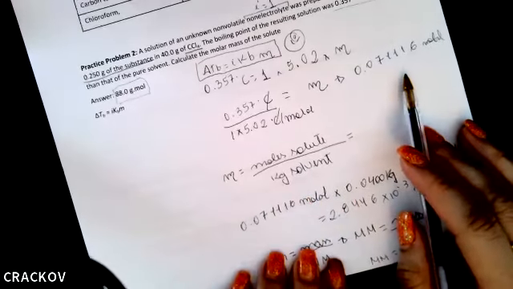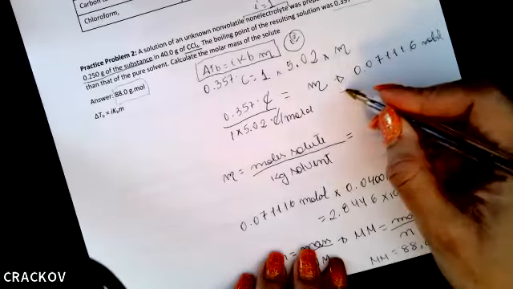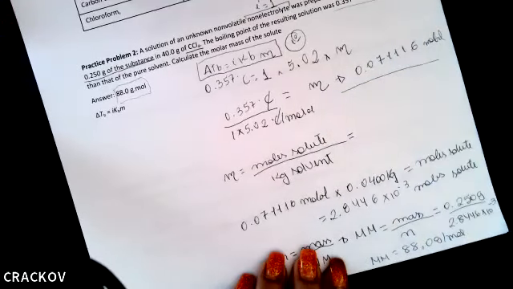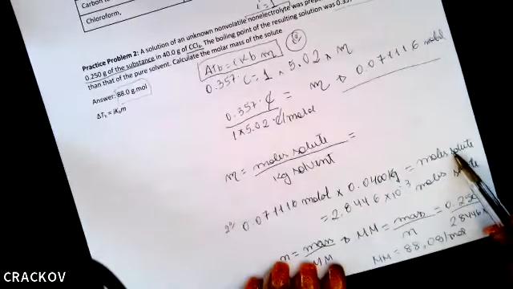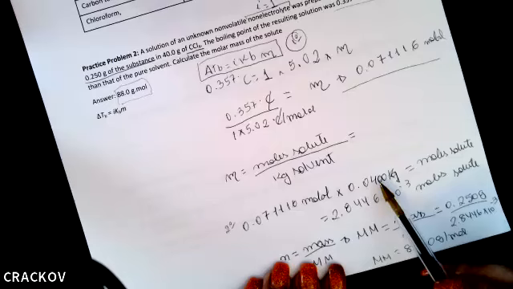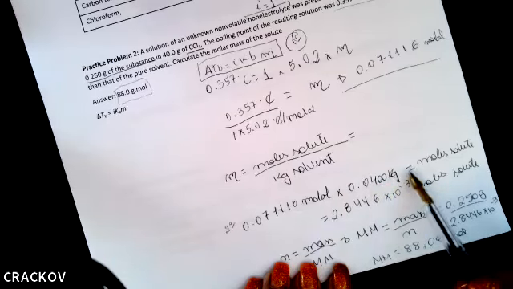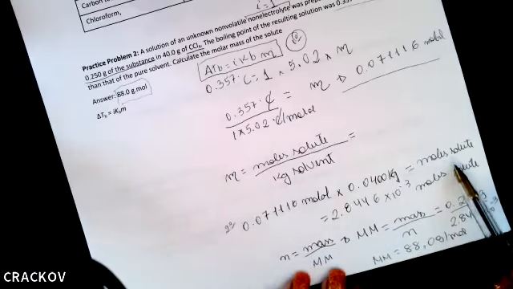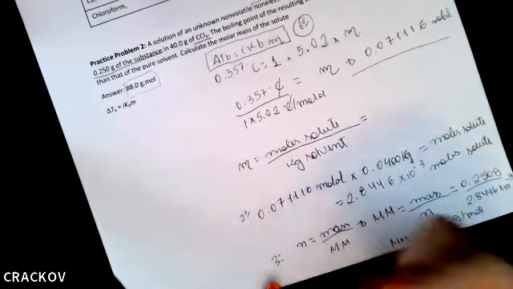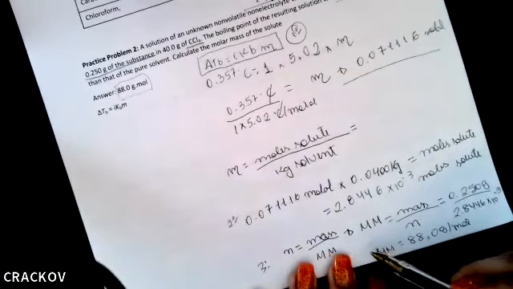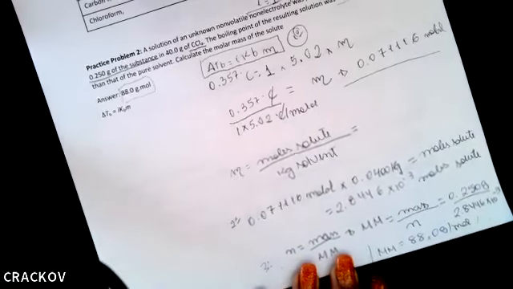After you find the molality, you use it now, in the second step, to find the moles of the solute using the molality and the kilograms of solvent. After you find the moles of the solute, rearrange to find the molar mass. So yes, you have 3 steps here. Okay.